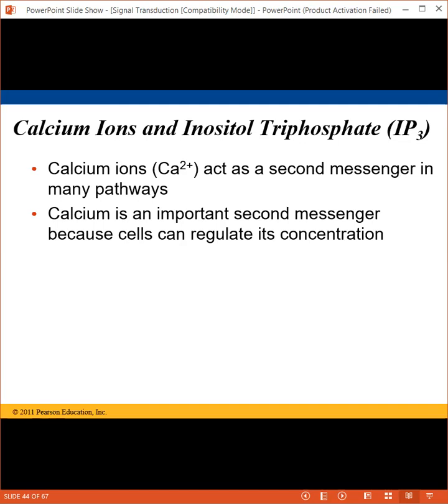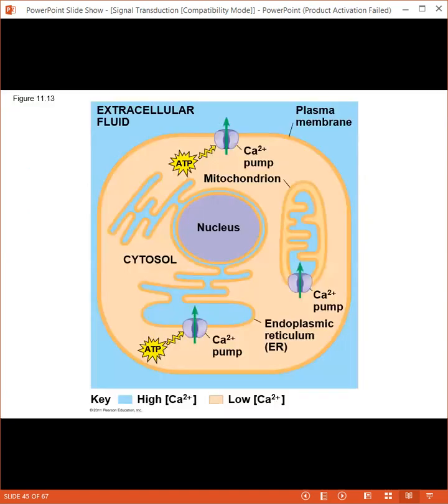Another small second messenger is the calcium ion, and another one is inositol triphosphate, IP3. The calcium ion is an important second messenger because the cell can regulate its concentration. There are many pathways by which the concentration of calcium ion can be regulated inside the cell.